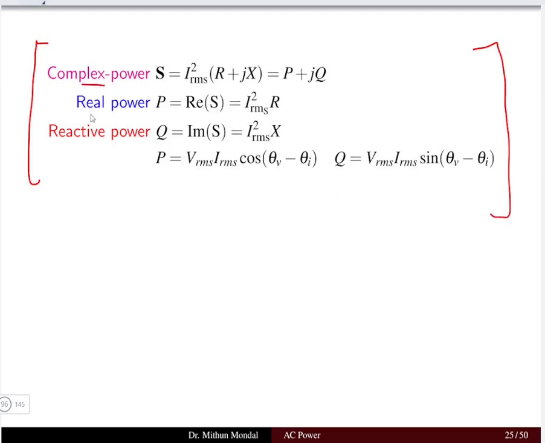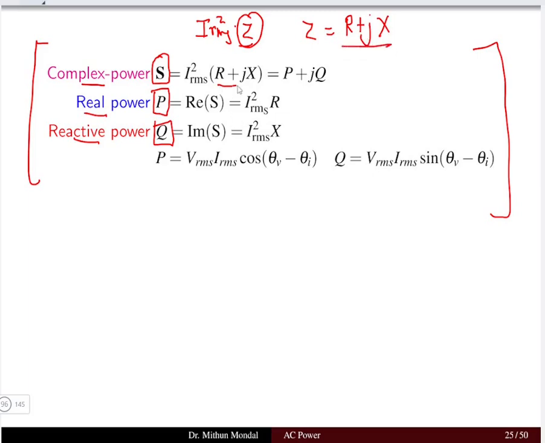Now let us look into the different power concepts. One is complex power, real power and reactive power. Complex power is denoted by S, real power is denoted by P, reactive power is denoted by Q. We have seen that the complex power S is equal to I RMS square multiplied with Z. Now this Z is the load impedance, which we can write as the real part, resistance R, plus j times the reactive part X. So I have substituted the impedance as R plus jX.